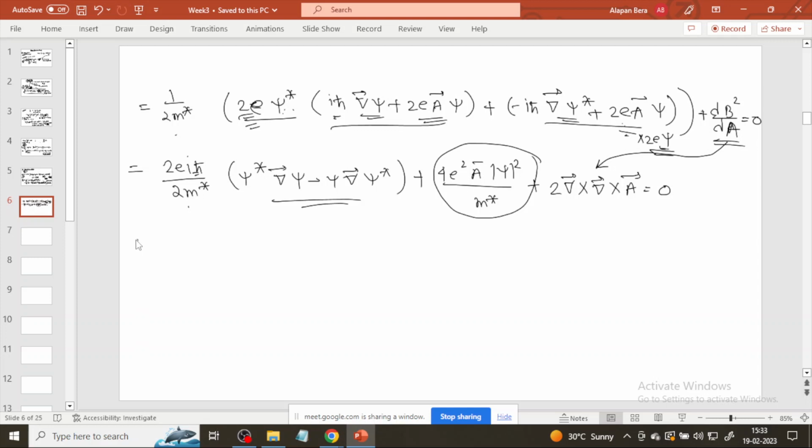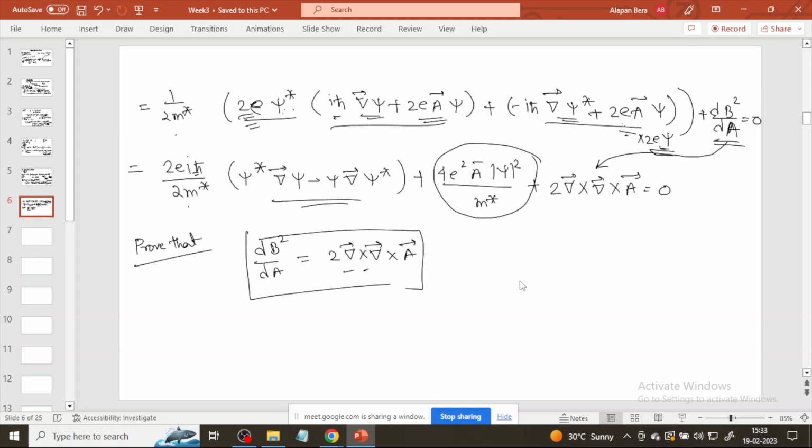I will now prove that d of B square by dA can be written as 2 into psi curl of A. So let's now prove this equation.